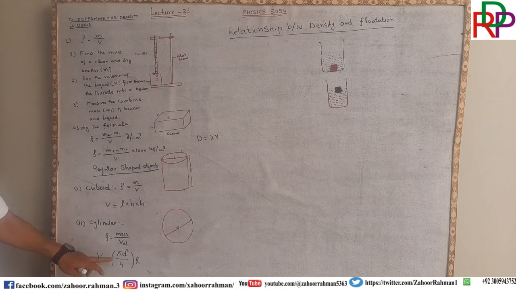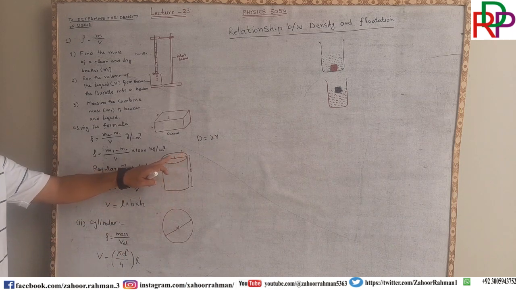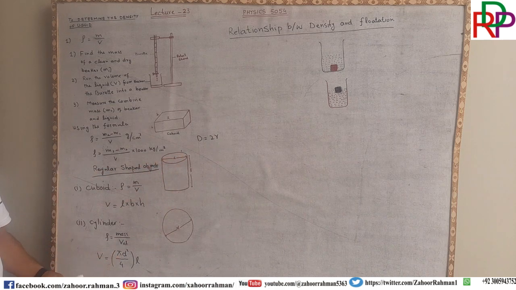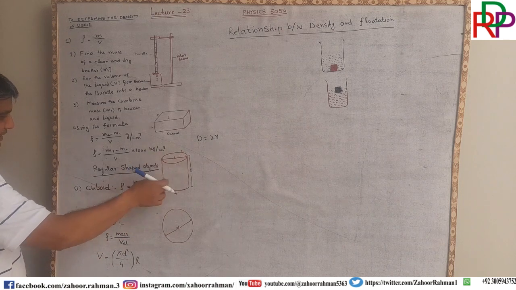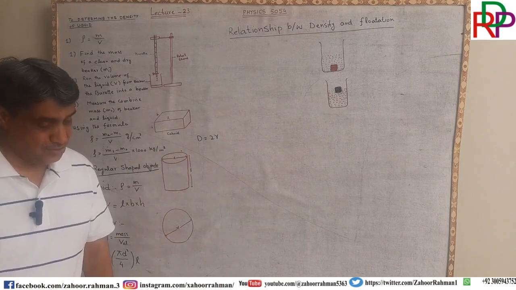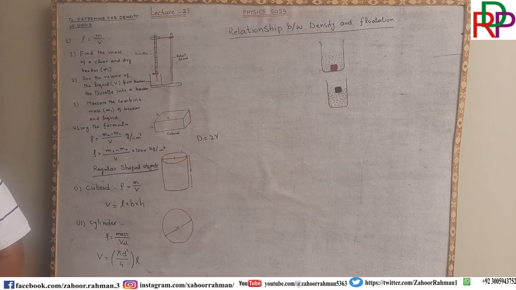So we have to find the d. This is the d square. Pi is a constant, 3.14159, this is its value. When you find the volume, you have to put it here. You have to find the mass by balance, then you have to put it there.